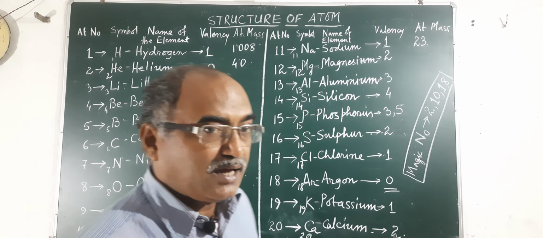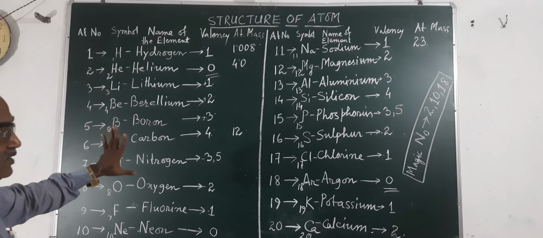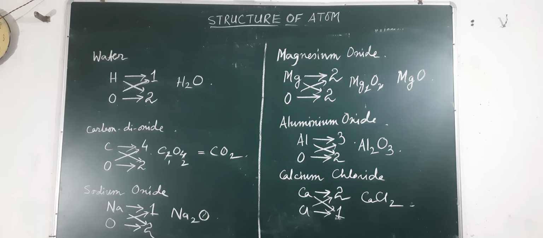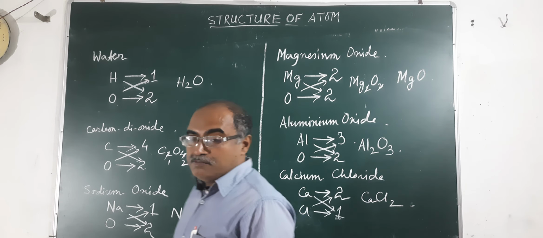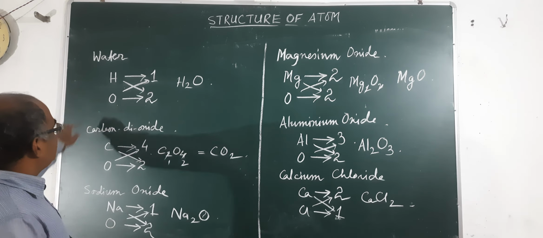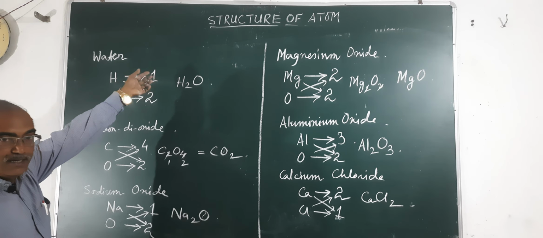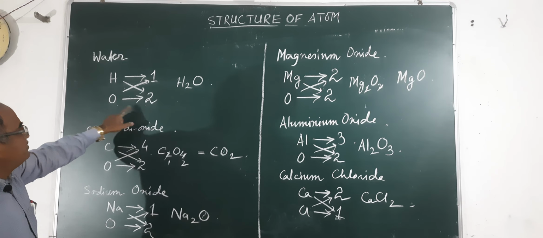Now I am showing some compounds to identify and remember the valencies, and an easy way to make compounds. Water is made up of hydrogen and oxygen. Hydrogen has valency 1, as you see in the earlier chart, and oxygen valency 2.